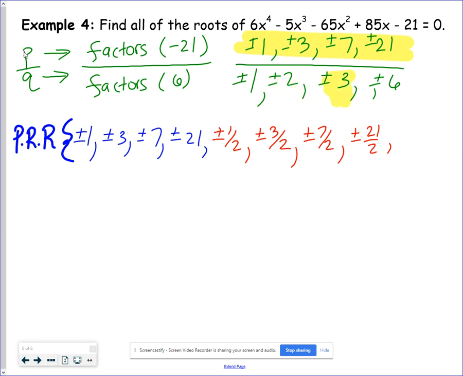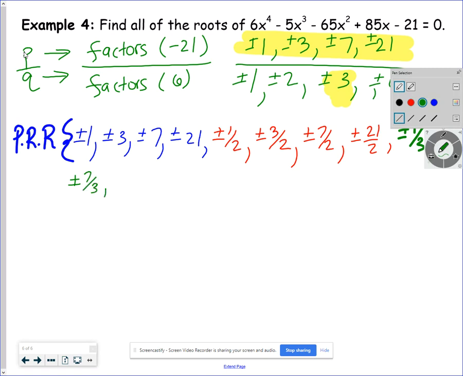Now, let's put them all over 3. I'll get plus or minus 1/3. We get 3 over 3, which is 1. That's one that we already have. Plus or minus 7/3. 21 over 3 is 7. We already have that one.